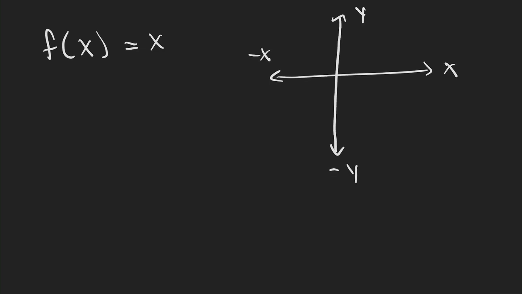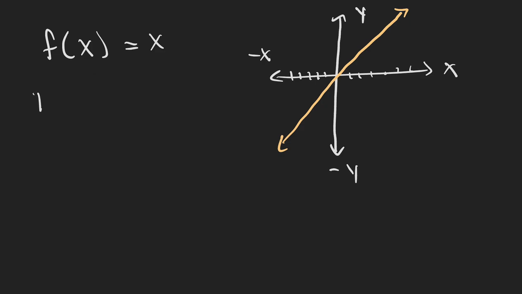And then we're going to plot our function on our graph. Okay, so we can notice a couple of things immediately. All of our x values are covered. We can input any value we want into this function and get some sort of output.